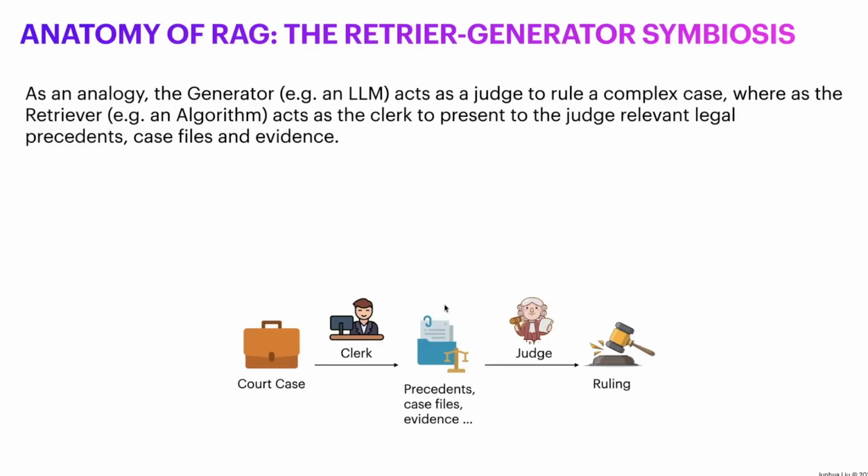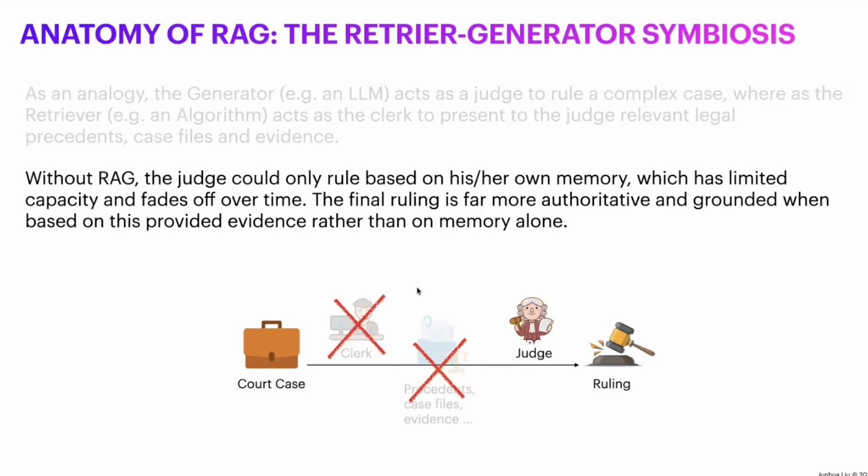All this information will be sorted out nicely to be passed to the judge. And the judge will review all this nicely structured and formatted content and do the ruling of the case. In this scenario, if we remove the clerk and the precedents, we are essentially asking the judge to just look at the court case and base his or her ruling on memory to make the ruling.